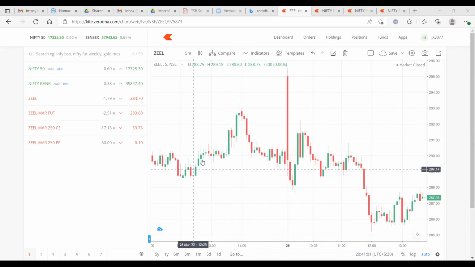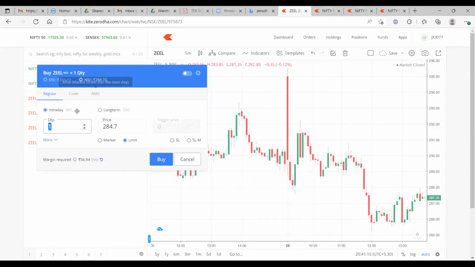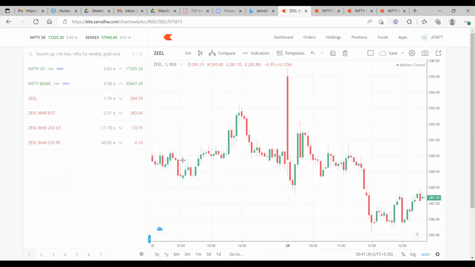Now, whenever I see that it is going to go up, what are we going to do? When I say action, we are going to first buy. So I'm just clicking on buy. And then the number of quantities I'm going to mention here, say 100 or 1000, whatever. And then the price at which I want to buy. How do we come to know about the price? It is showing on the right side, which is the y-axis here. So I'm going to enter that price and say buy. Once the buy is executed, when I say executed, you have invested.